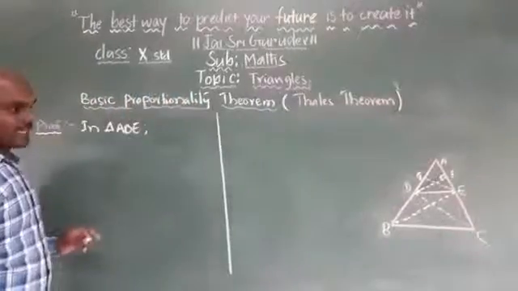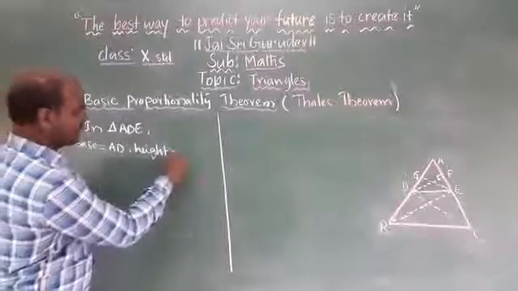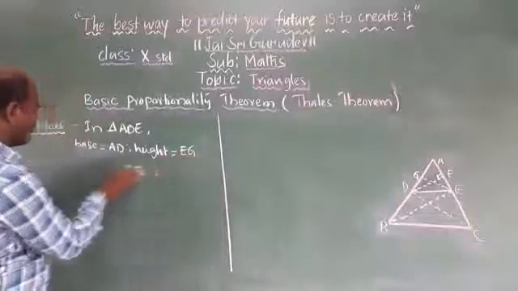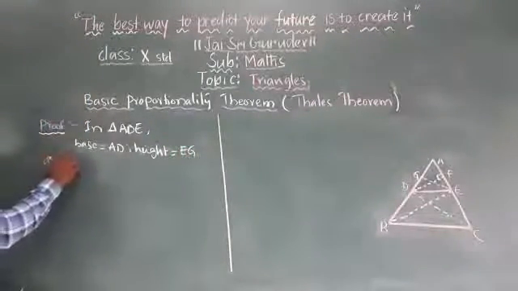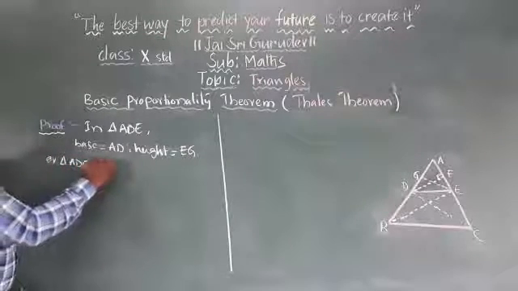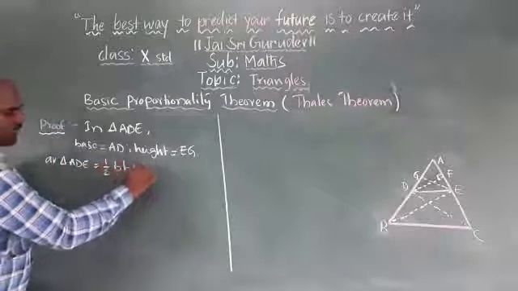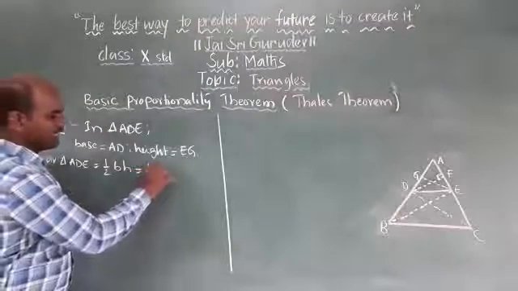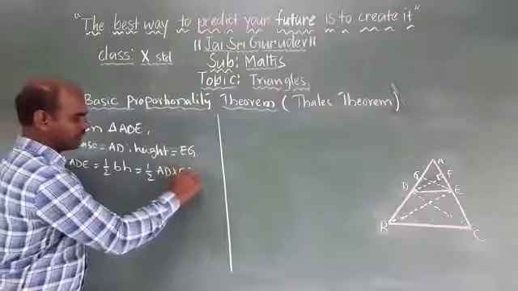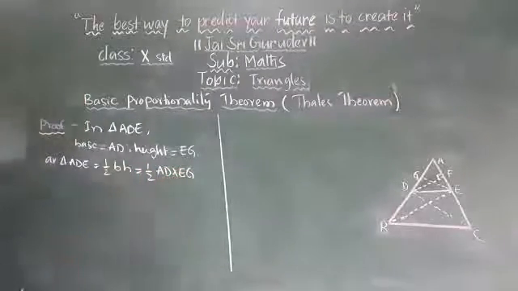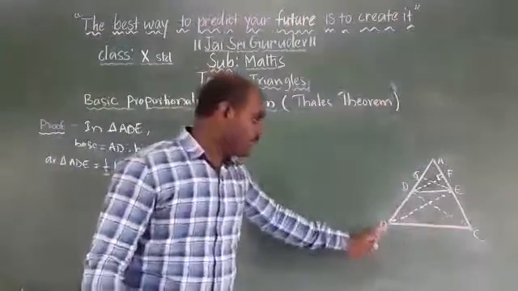Next, in triangle ADE, the base is AD and the height is EG. Then the area of triangle ADE is half of base into height, that is half of AD into EG. Then another triangle, BDE.